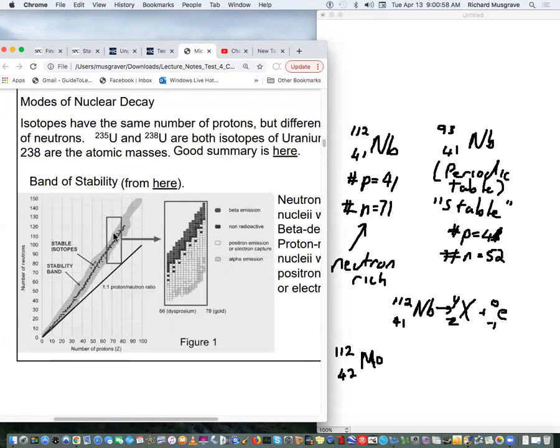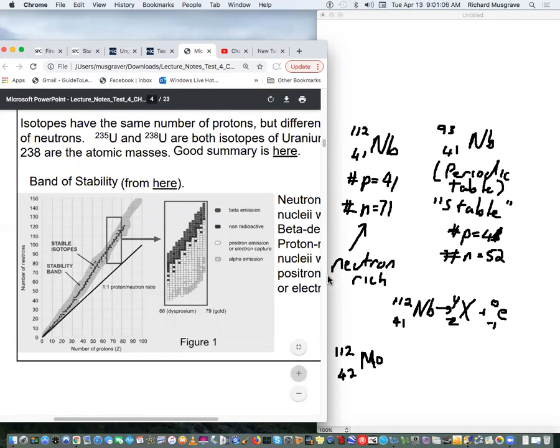If it was up here, for example, it gets a bit closer and that makes it more stable. Fewer neutrons. Is that okay? Yes. Okay, any other questions?